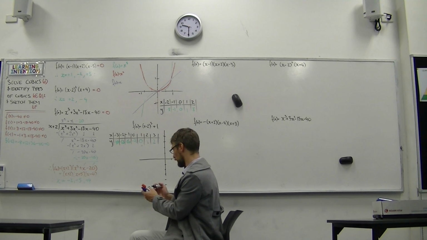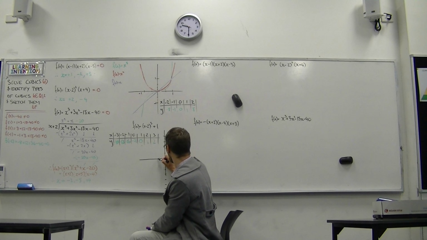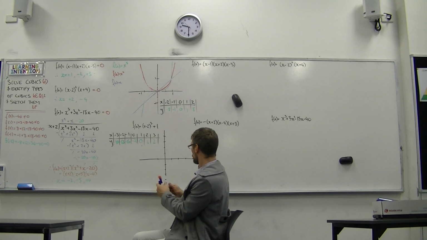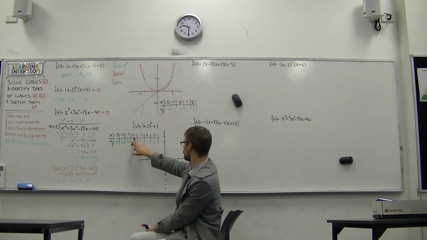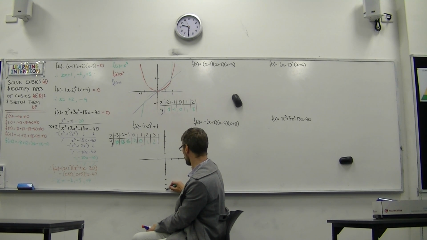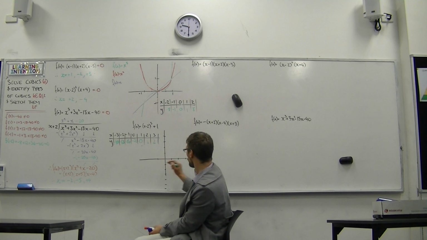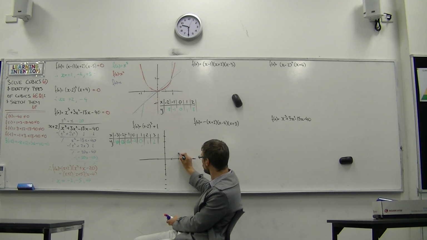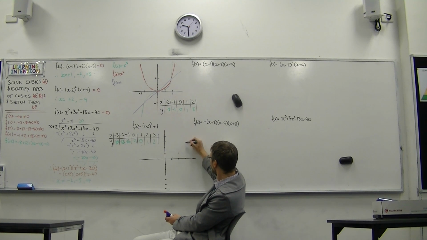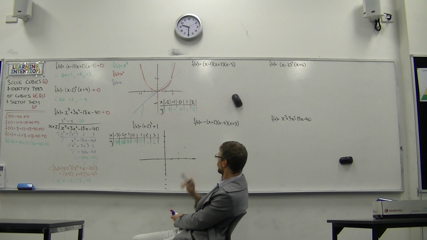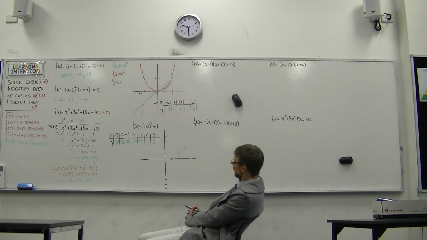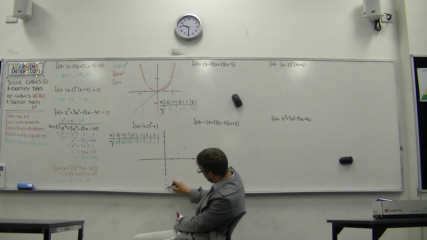Should have made those smaller. Negative 1. Okay, we run through 0 is negative 7, which is way down there somewhere. 1 goes to 0. That goes to there. 2 goes to 1. 3 goes to 2. Okay. Alright, this thing's way down here somewhere.